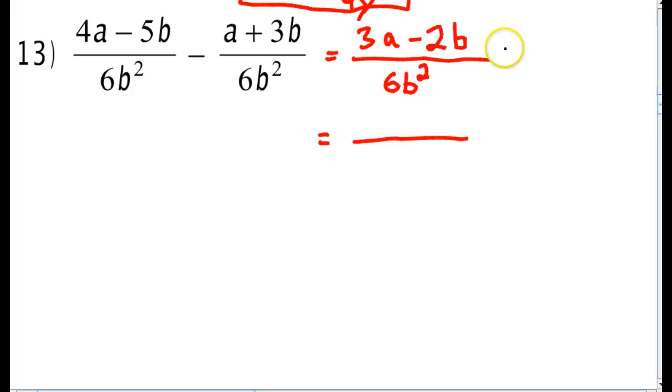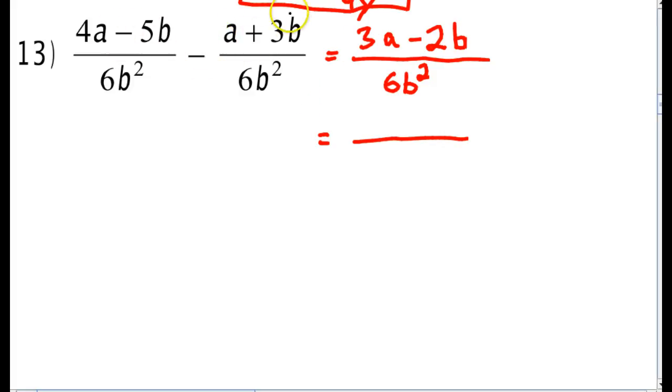You agree with this? Is this right? So far, good? Yeah. Yes? Yeah, sure. Yes? I don't believe you that. No? Wouldn't it be a negative? 4a minus a is 3a.